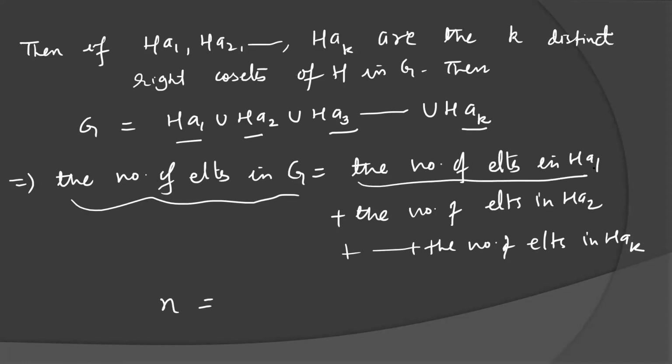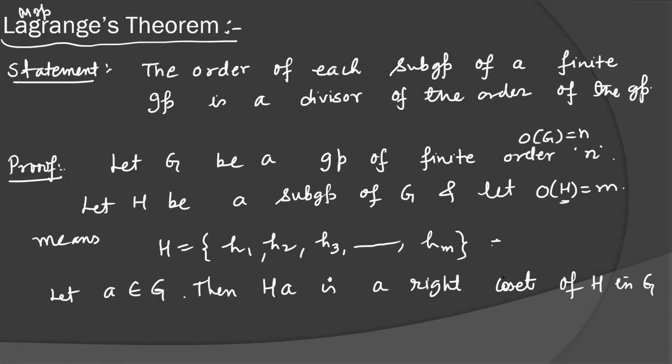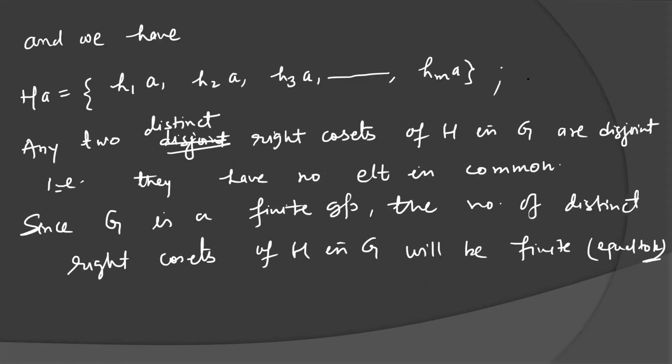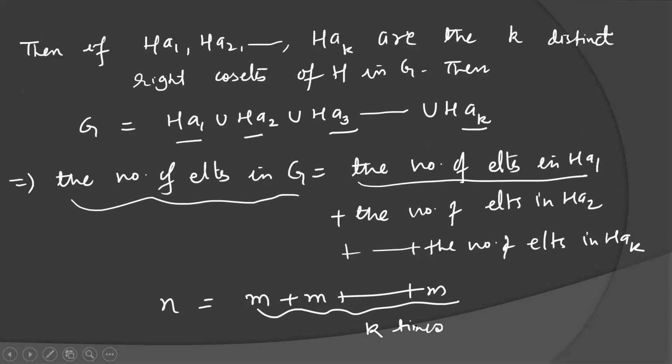How many elements in Ha1? If you define Ha, the order of Ha will always be equal to m for every a. So m plus m, how many times? How many cosets? k times. So you can write n equal to k into m, or you can write k is equal to n by m.